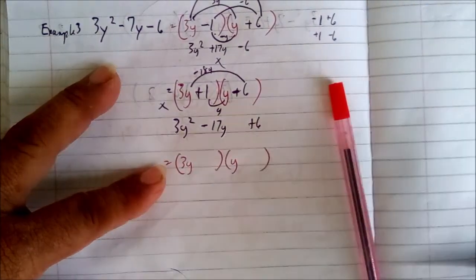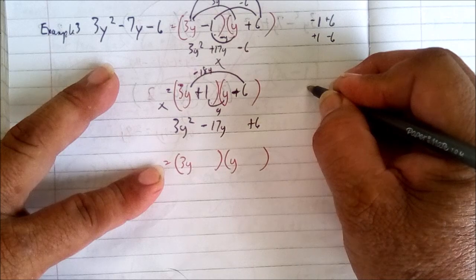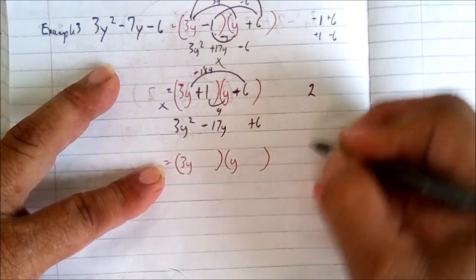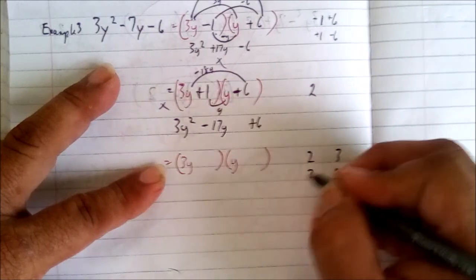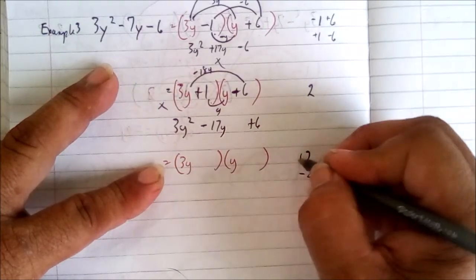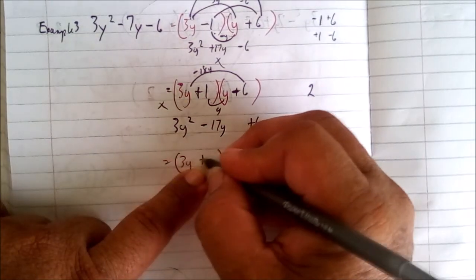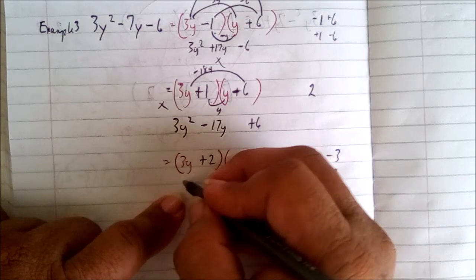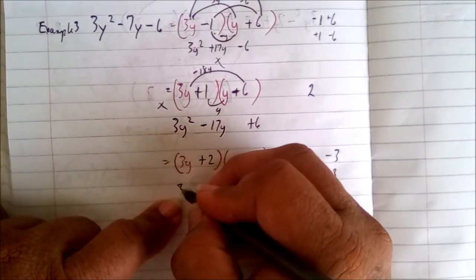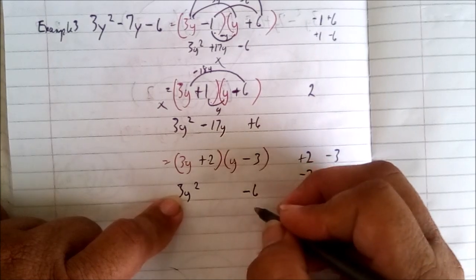So when we multiply this out, we're now going to use values of 2 and 3, with plus 2 and negative 3. The first two terms will give us 3y squared, that's okay, and negative 6, that is okay.